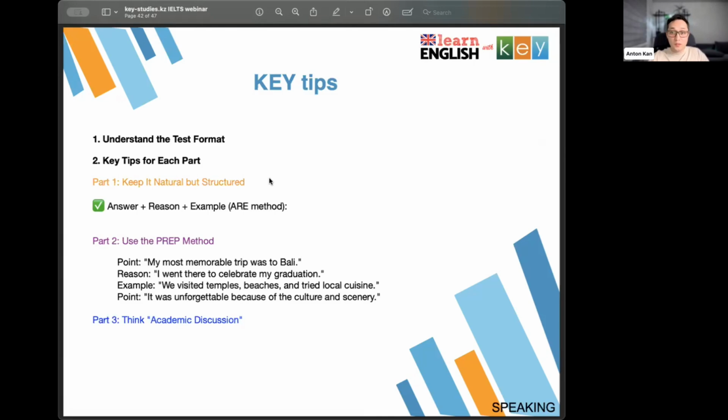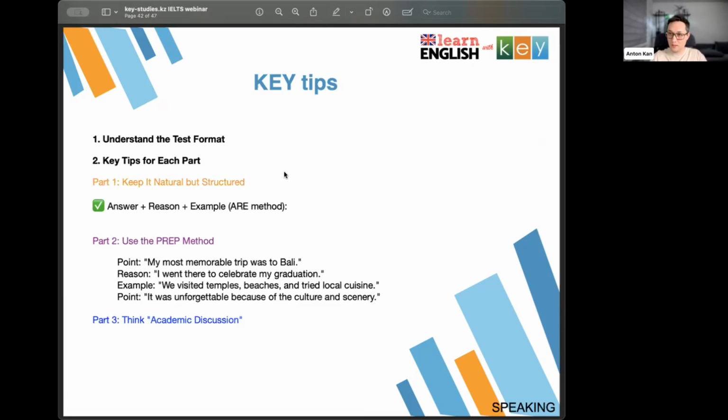In part two, you can use the prep method, which is point, reason, example, point. Have a look here. And in part three, think academic discussion.